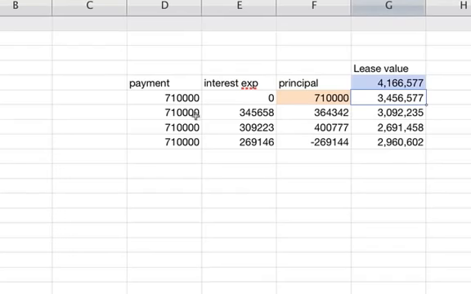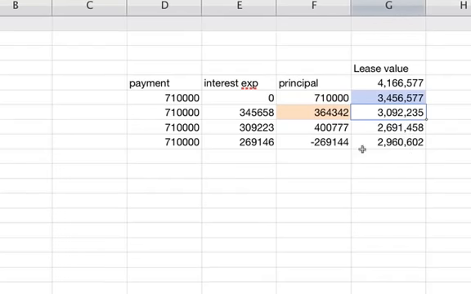On the next payment, you had $710,000, but you multiply 3,456,577 by 10%. That will give you 345,658. You subtract this from your payment. That leaves you with 364,342 going towards the principal, and that leaves you with 3,092,235 in the lease value.